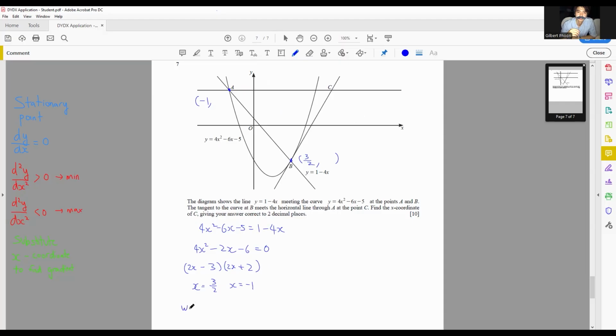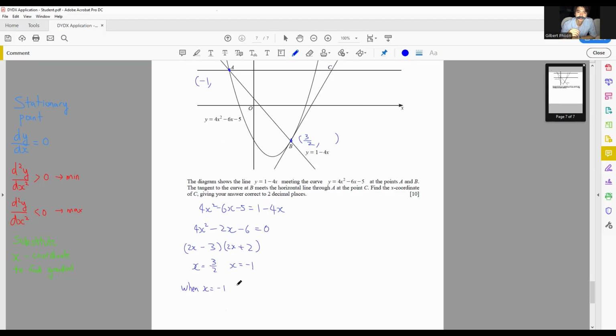So when x equals to negative 1, then y, you substitute into this equation here, is equal to 1 minus 4 times negative 1. This is equal to 5. Okay, therefore the coordinates here is negative 1, 5.